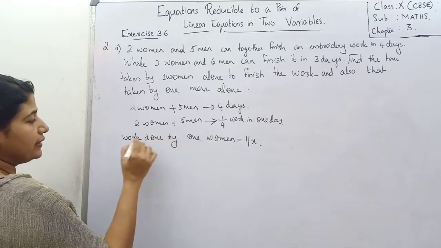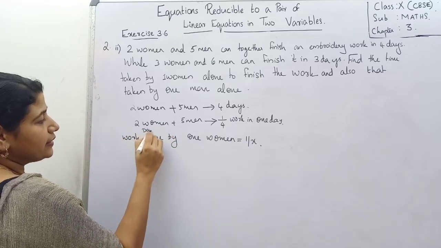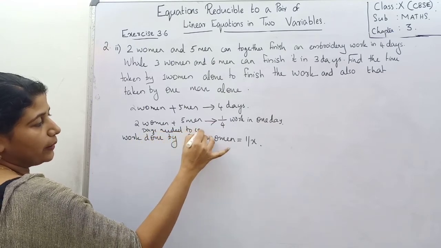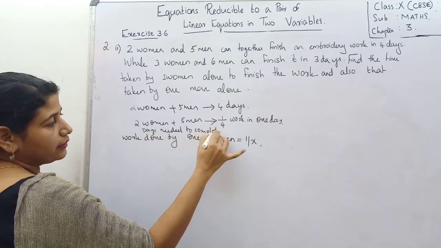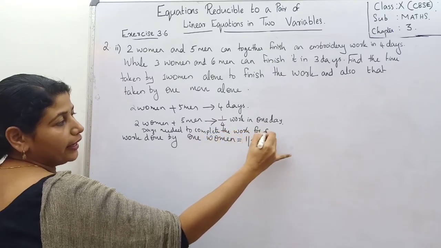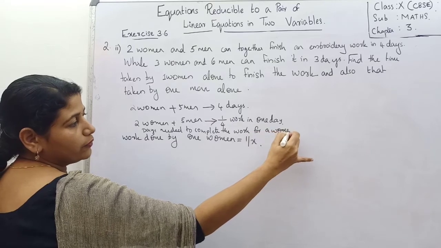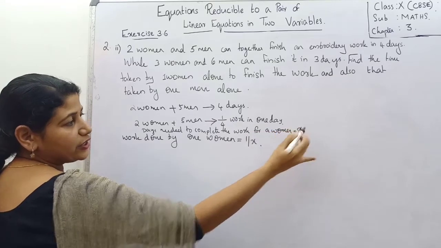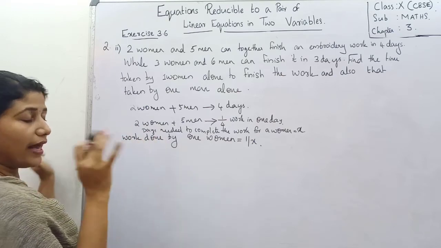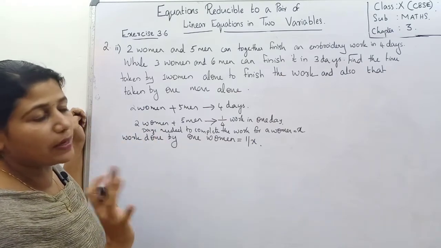So I can write like this. The days needed to complete the work for 1 woman, she takes x days to complete it. So that means the work she has done in 1 day is 1 by x.